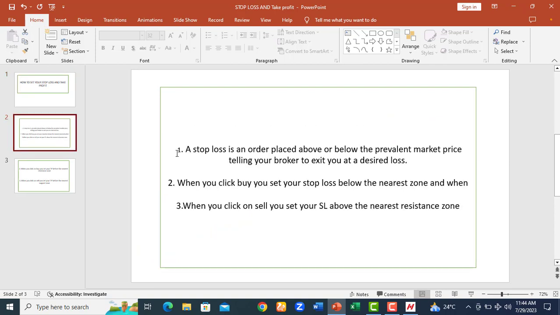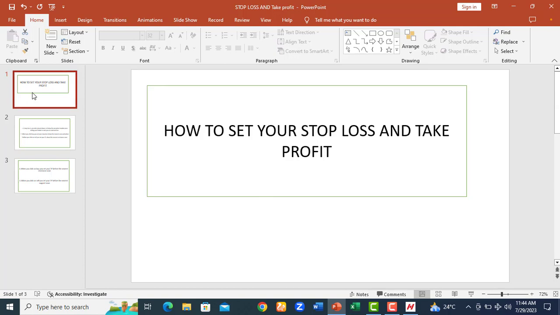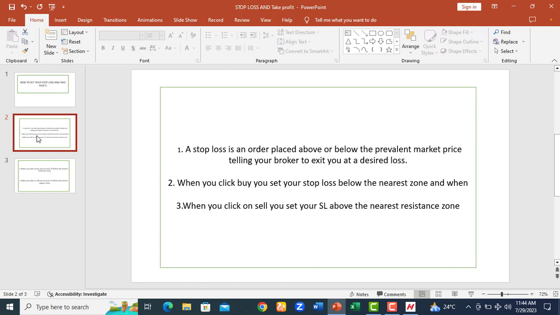As a way of recap, what we started today is how to set your stop loss and take profit in the market. And we established some certain things. A stop loss is an order placed above or below the prevailing market price, telling your broker to exit you at a desired loss.